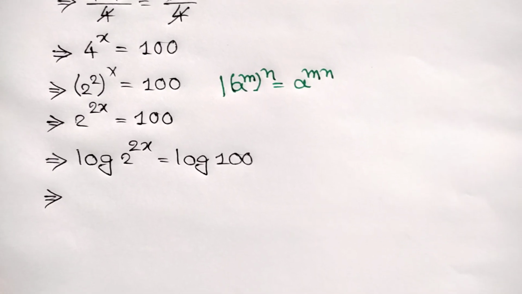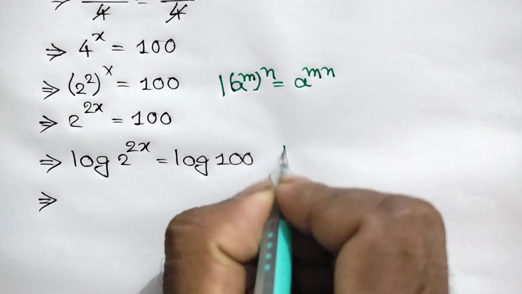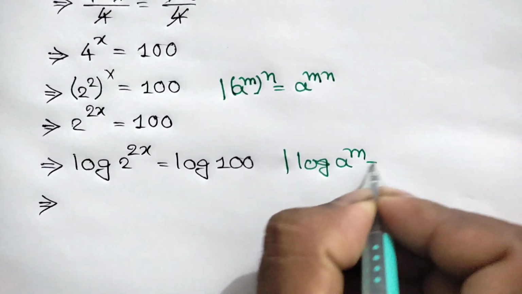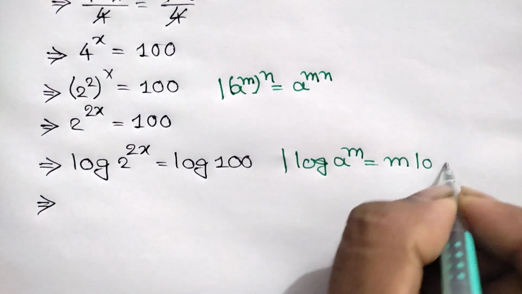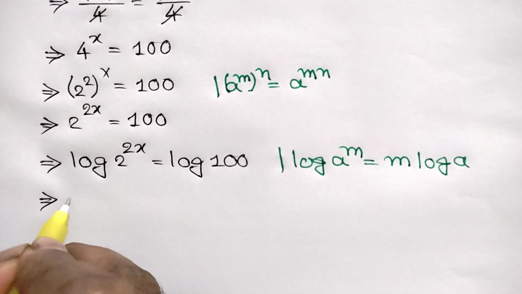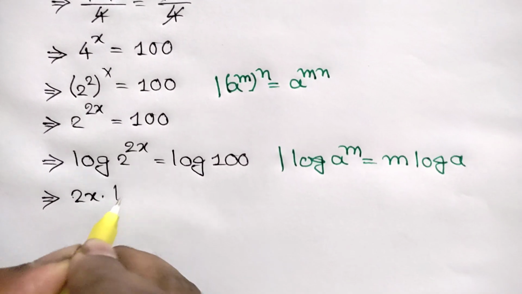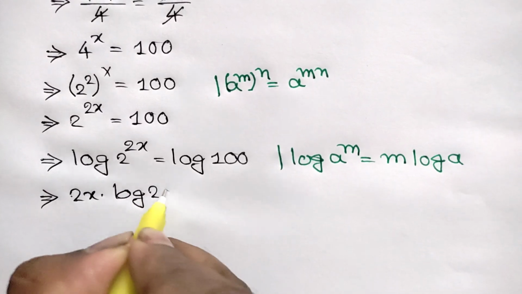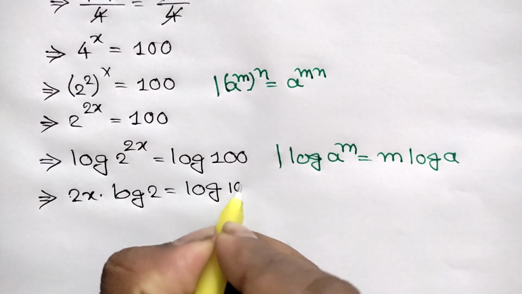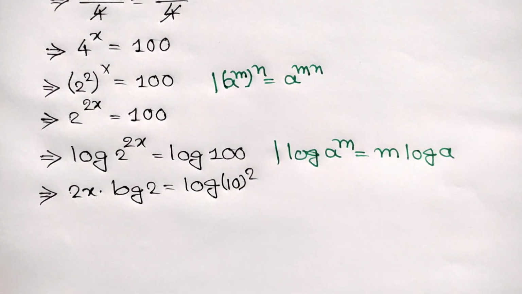Applying the formula log of a to the power m is equal to m times log of a, we can write 2x times log of 2 is equal to log of 100, which can be written as 10 square.